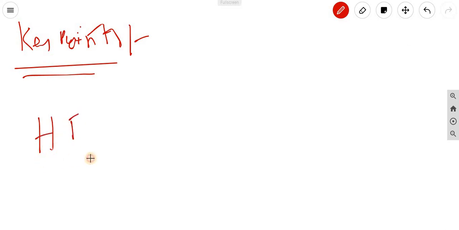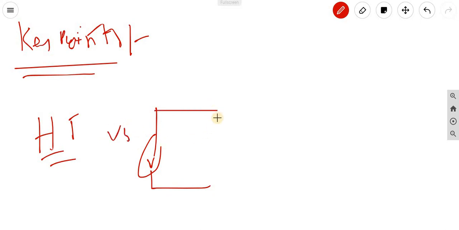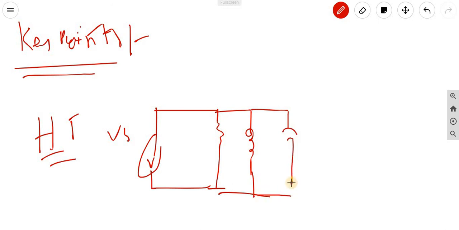Homework: try this phasor diagram. This is the voltage source, this is resistance, this is inductance, this is capacitance, and there is a resistance and inductor.